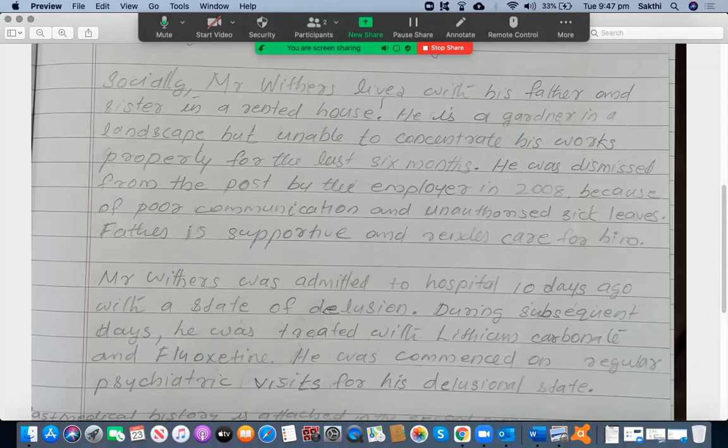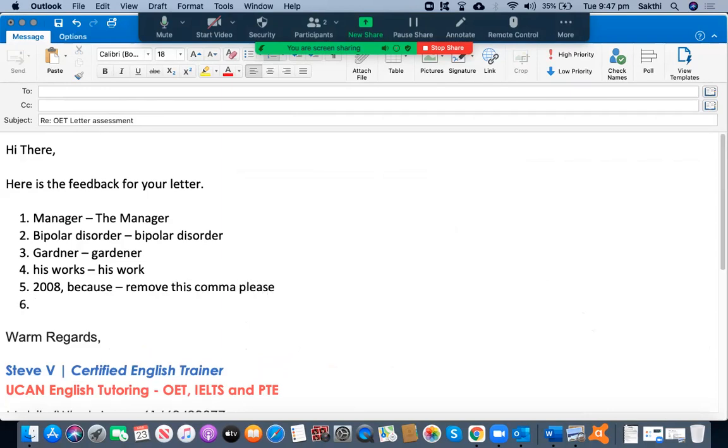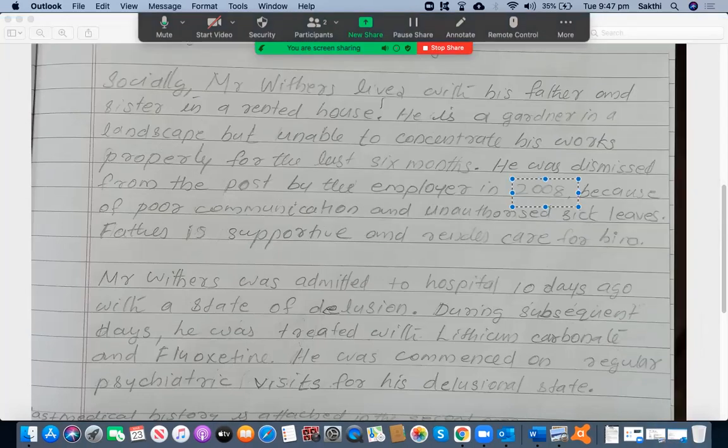He was dismissed from the post by the employer in 2008 because. Did you place a comma here before because? Yeah, so comma is not needed. That's wrong. Remove this comma, please. Now let me go to the next one.